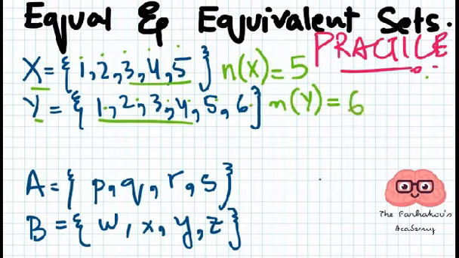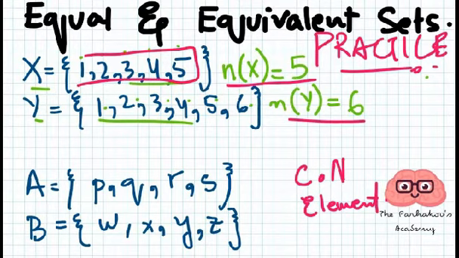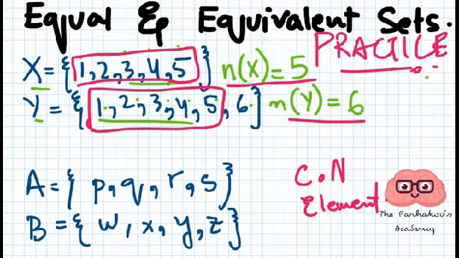Okay, now you know very well that we check for two things. The first is the cardinal number and the second is the elements. So let's first check the cardinality. Here the cardinal number is 5, here the cardinal number is 6. Although the elements of both the sets are mostly same, there is one element which is not same.